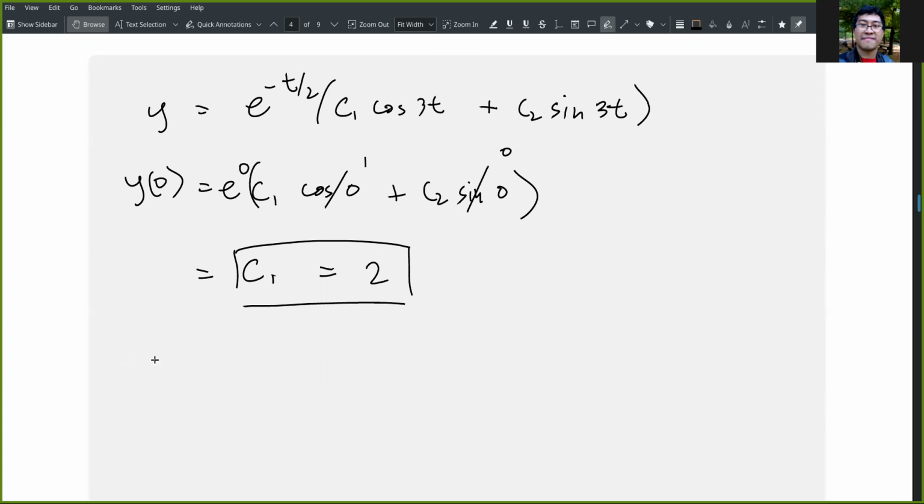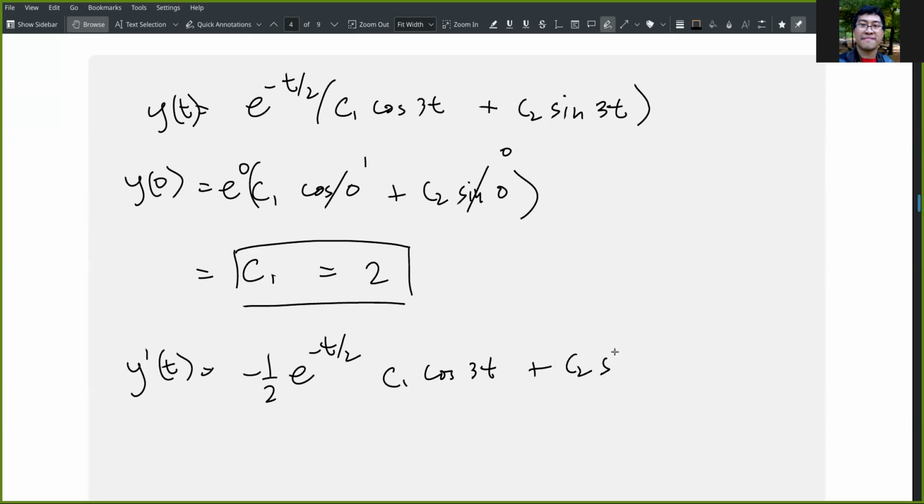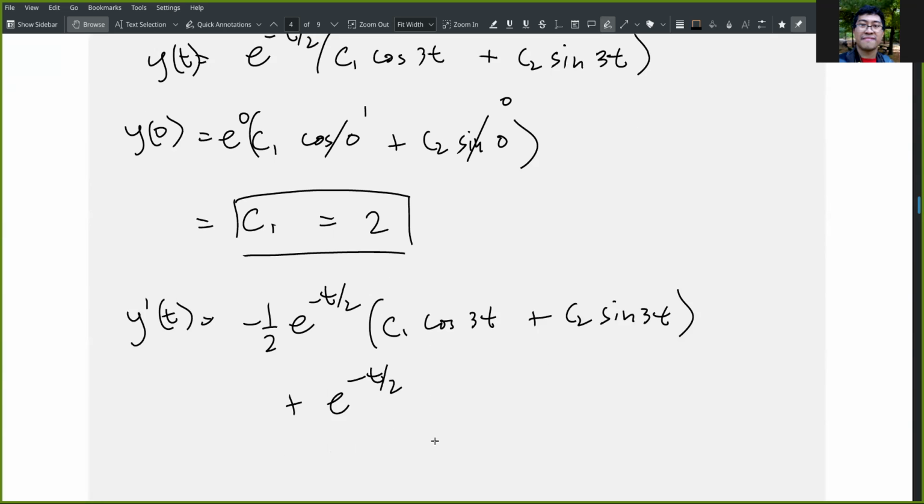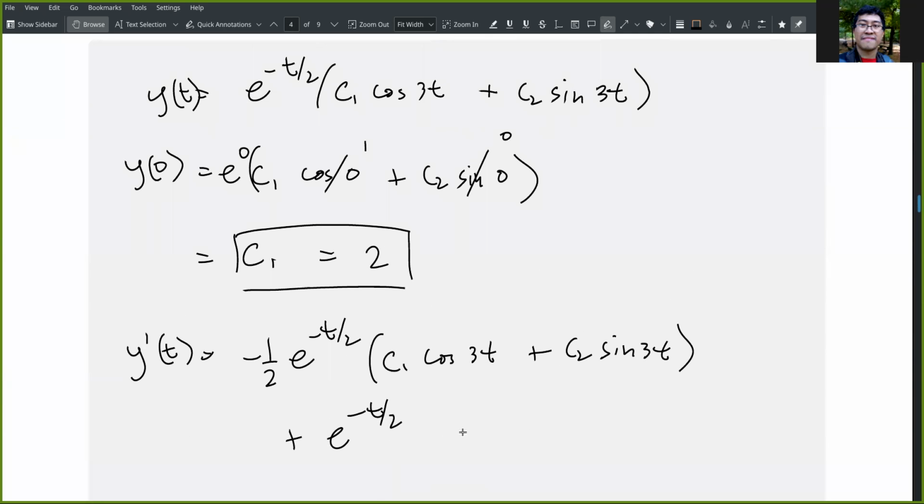Now if you take the derivative, y prime as a function of time equals minus 1 half e to the minus t over 2 times c1 cosine 3t plus c2 sine of 3t, plus e to the minus t over 2 times negative 3c1 sine of 3t plus 3c2 cosine of 3t.